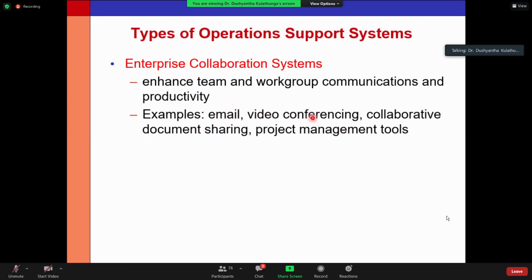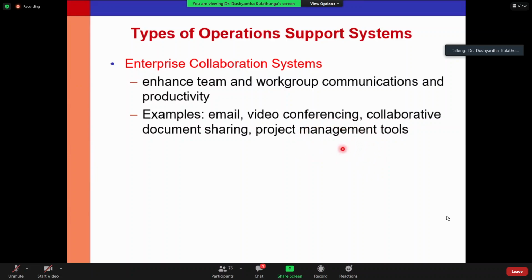Now today, email and video conferencing are very common tools that are used within organizations. And also there can be some other systems facilitating sharing of documents. There can be video conferencing tools consisting of these facilities, but there can be some other systems used within the organization facilitating especially the management and sharing of documents and files by employees. And there can be specific project management tools used when it comes to management of projects.